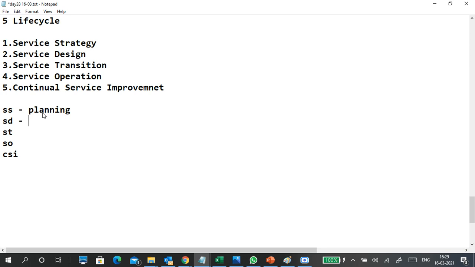Like, I want to construct a new apartment or gated community. What is the expectation of occupancy in that kind of society? What kind of people are going to buy this? How will I get a return on this investment? That is in the planning. Next, after planning, I have to design.